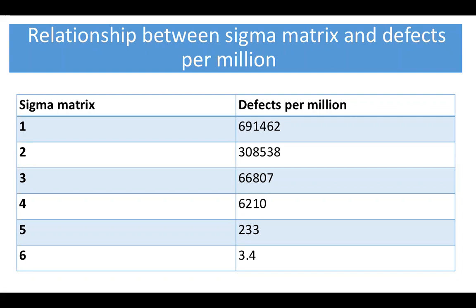Because when we go by these figures, 6210, 233, these look like very high figures, right? So many errors, this is not acceptable. But if you relate these to your practical situation, then you find these are not too many, right? Yes, sir.